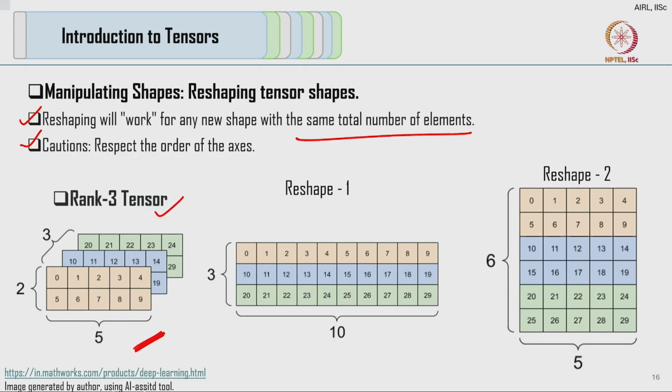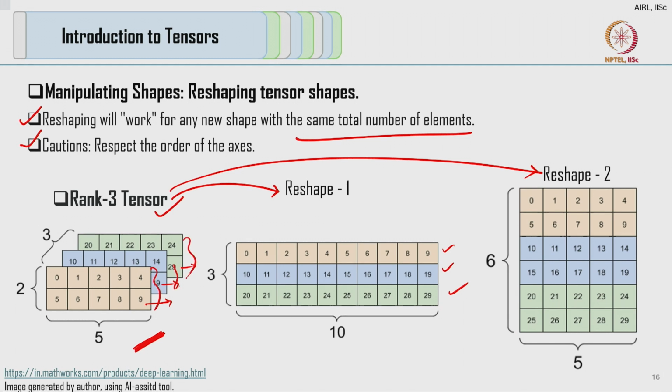Now if we reshape it, the reshape could try to expand each of these axes, right, and we could have this sort of representation, or else we can have reshape 2, which is essentially just stacking each axis on top of each other. So we had axis 1, 2, 3, we can just stack these axes, right.